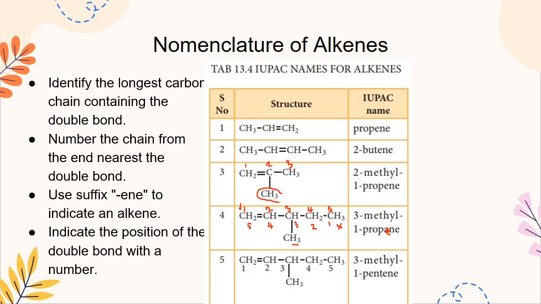Now let's take a look at what happens if we number from the right hand side. What are we going to have? This will be 1, 2, 3, 4, and 5.